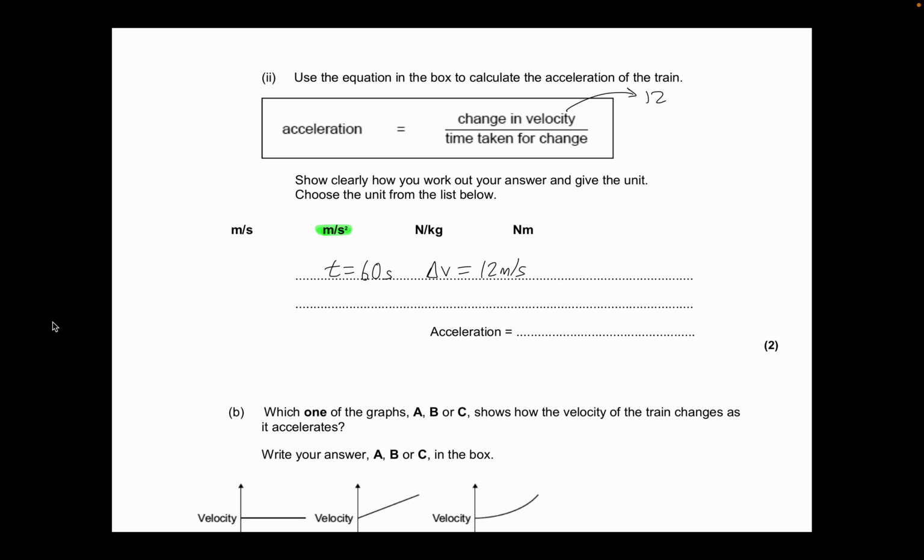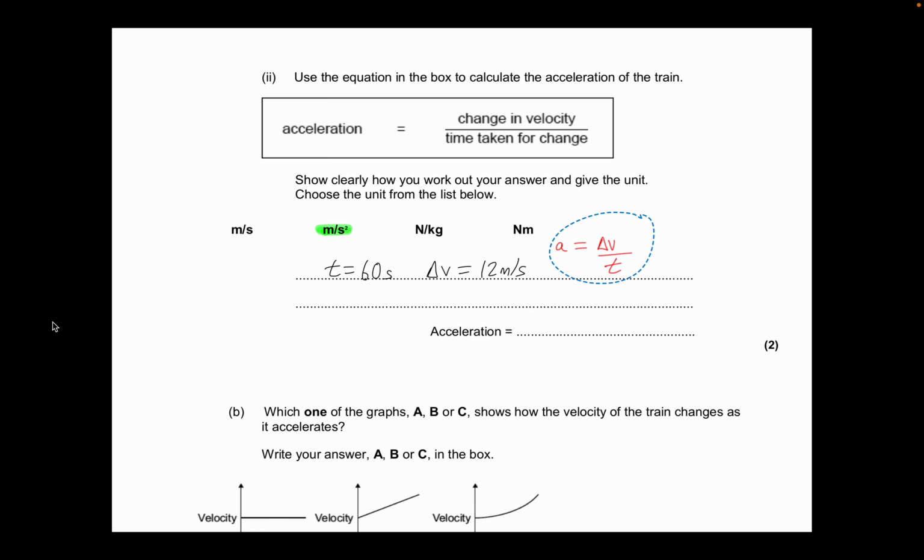Now, your acceleration is using this formula. By the way, learn this formula by heart. Acceleration is equivalent to change in velocity divided by the time taken for the change. In simple words and symbols, it just means acceleration is equivalent to change in V divided by time.